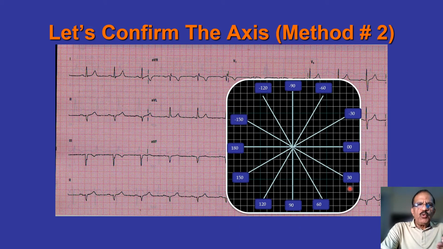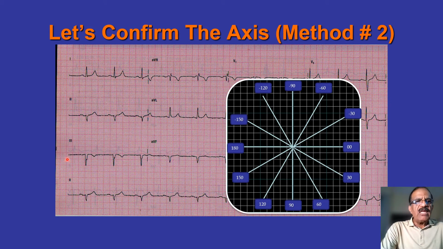Now, using the other method, the same ECG, the same leads. I told you two methods, and now we're going to demonstrate the other method, and if both methods are applied correctly, the answer should be the same. In method number 2, we have this picture in mind or on paper. Then you look for the tallest or deepest QRS complex.